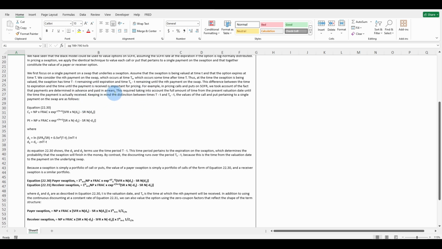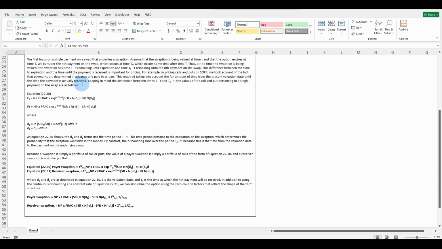This required taking into account the full amount of time from the present value date until the time the payment is actually received. Keeping in mind the distinction between T minus t and T_n minus t, the values of the call and put pertaining to a single payment on the swap are as follows: the call price equals notional principal times FRAC, which is the partial time of a year.